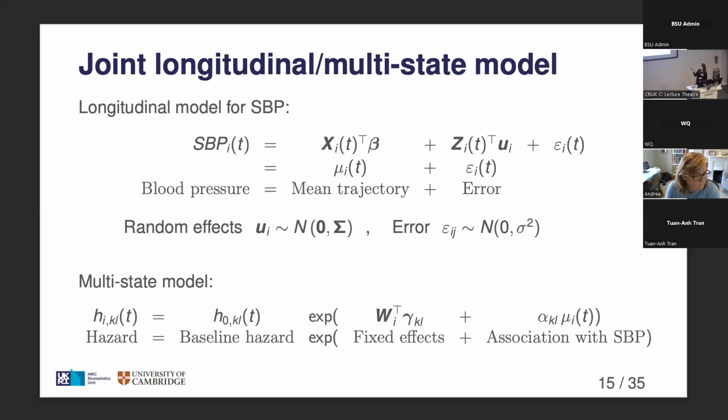And then this association term, alpha_kl mu, characterizes the association with blood pressure. So there's an association there with the current value of blood pressure. And so these random effects are now shared between the transition hazards through this association term and also the longitudinal model.